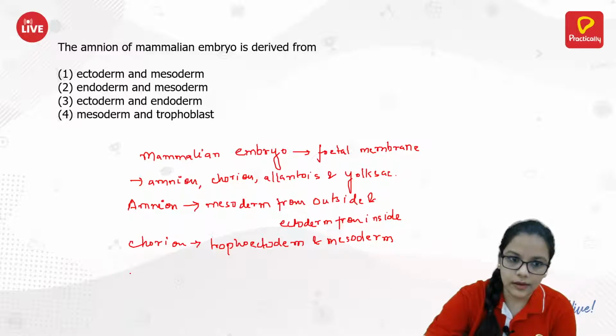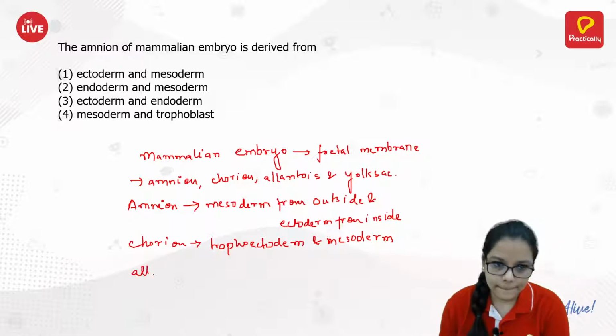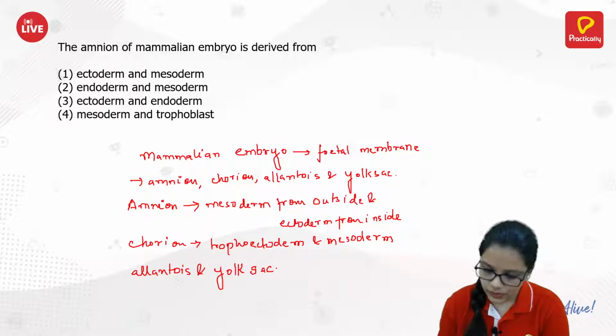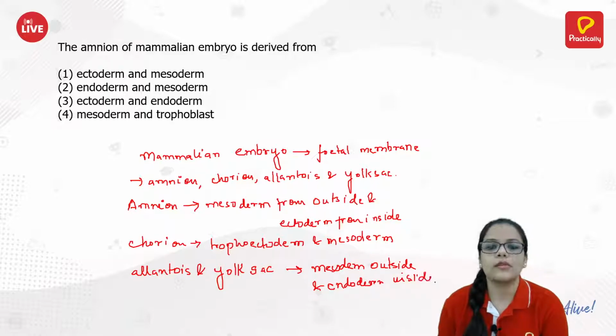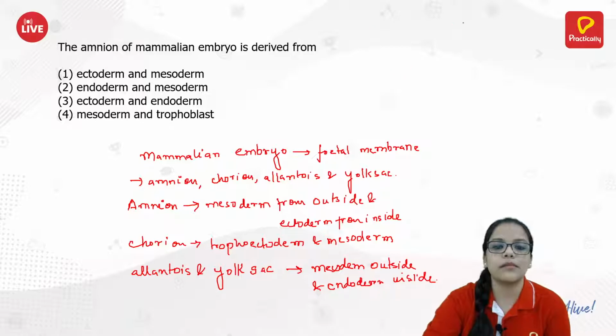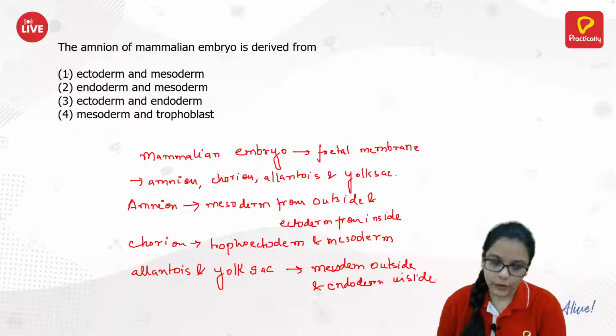Now, the allantois and yolk sac are mesoderm from outside and endoderm from inside. So, as you can see, the amnion is mesoderm from outside and ectoderm from inside. So, mesoderm and ectoderm. Option 1.